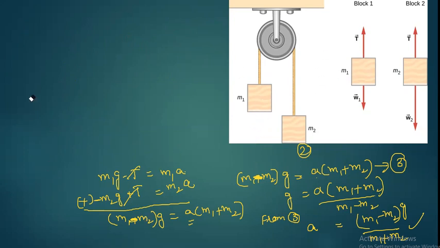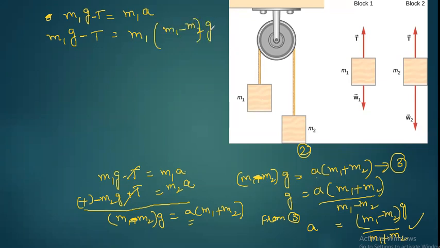Now tension we are calculating. What is our first equation? M1G minus T is equal to M1A. So in this equation, I am going to put the A value. M1 times, what is A? M1 minus M2 into G by M1 plus M2. I am substituting this, okay?